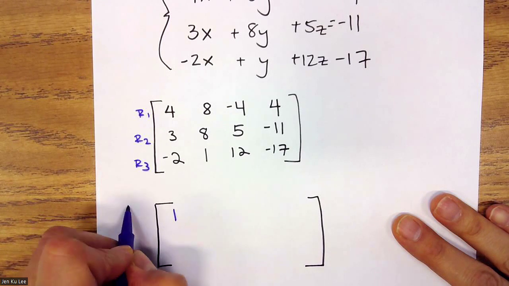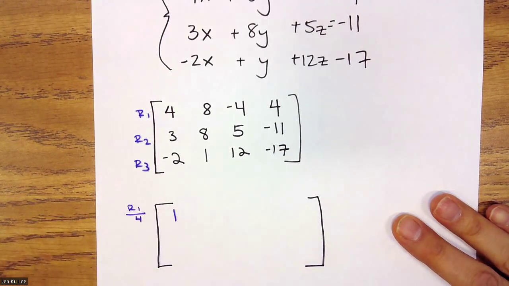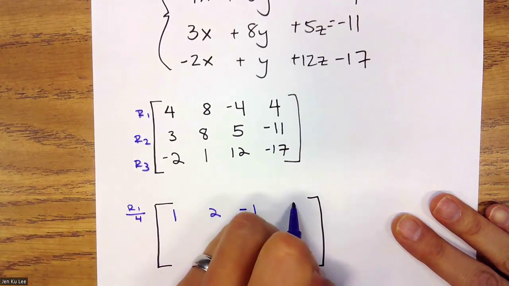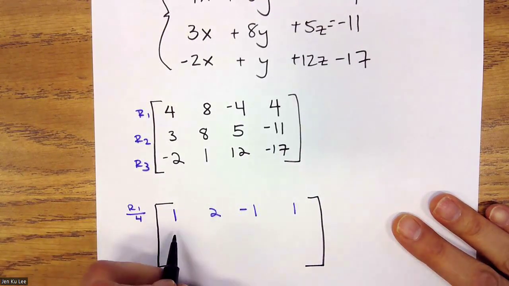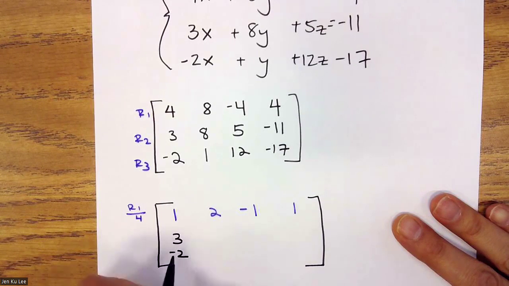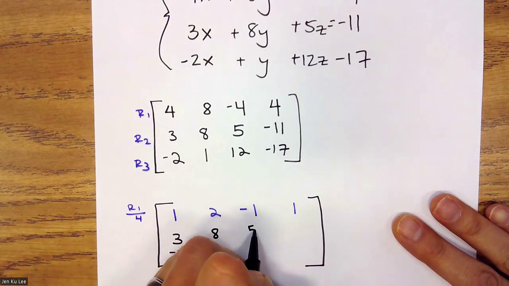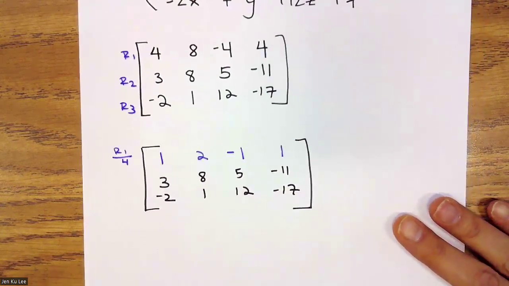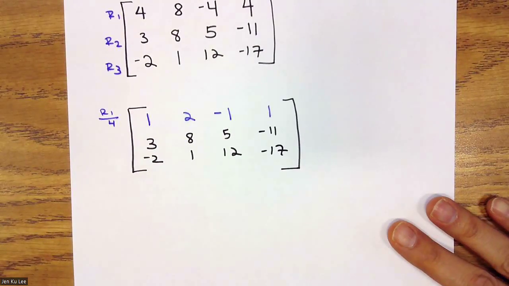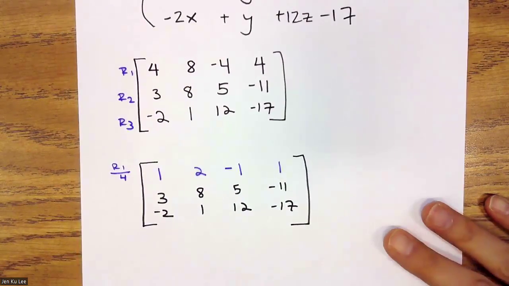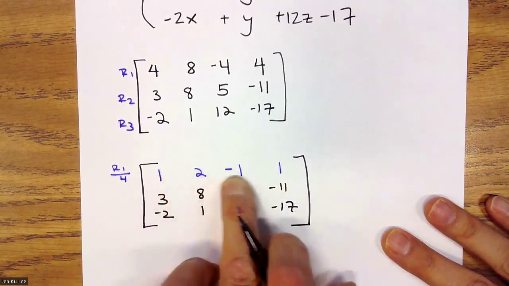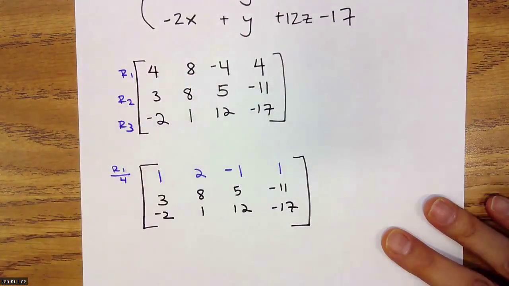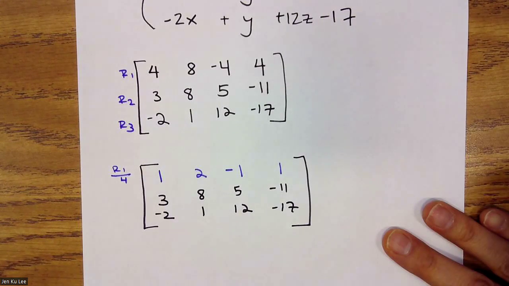So row 1 divided by 4: 1, 2, -1, 1. I'm going to keep everything else as is: 3, -2, 8, 1, 5, 12, -11, and -17. Make sense? Now 1, 2, -1, and 1 is easier to deal with than 4, 8, -4, and 4.